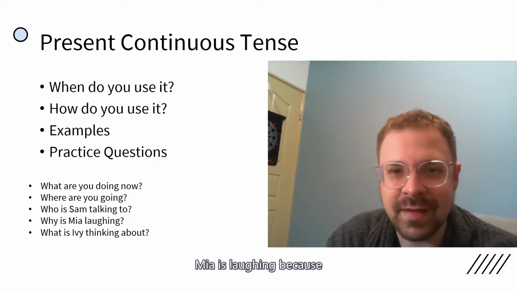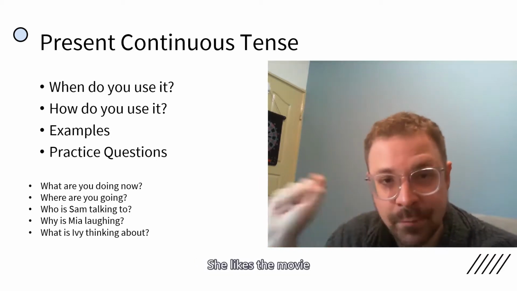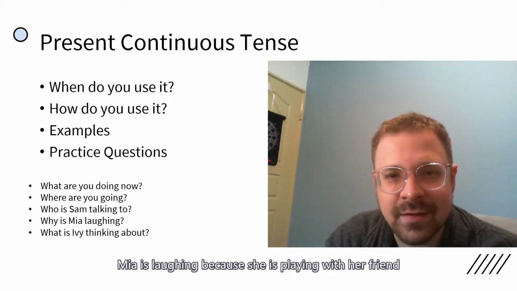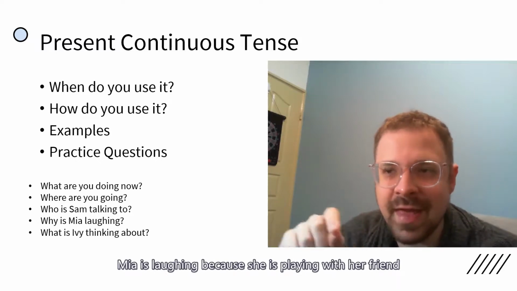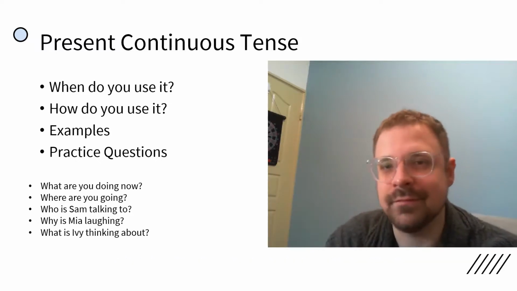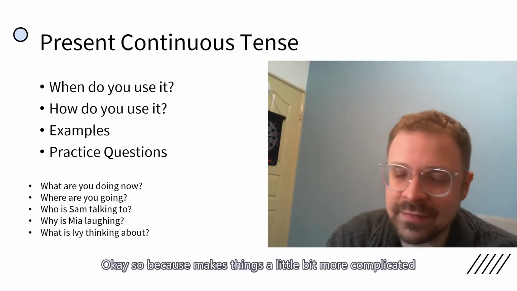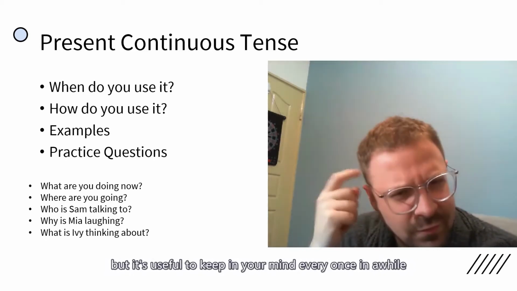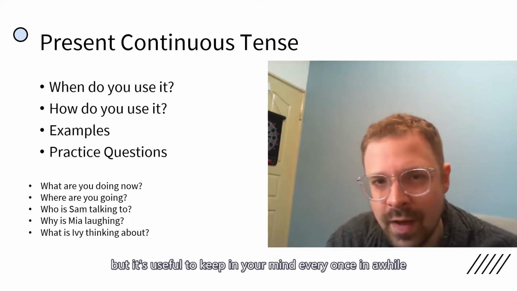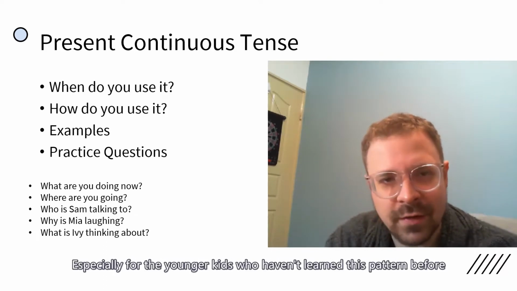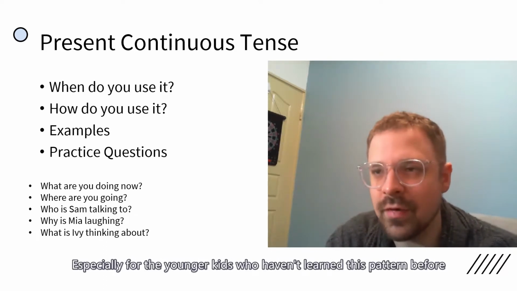Mia is laughing because she likes the movie. Mia is laughing because she is playing with her friend. Okay, so because makes things a little bit more complicated, but it's useful to keep in your mind every once in a while, especially for the younger kids who haven't learned this pattern before.